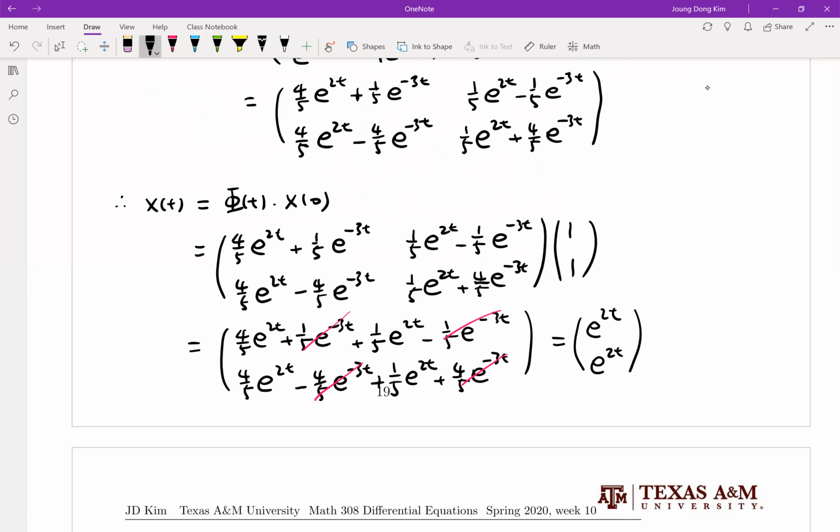This is my solution using the fundamental matrix.